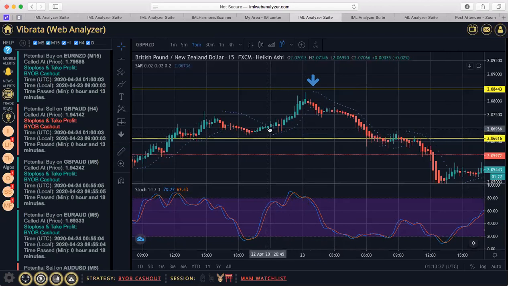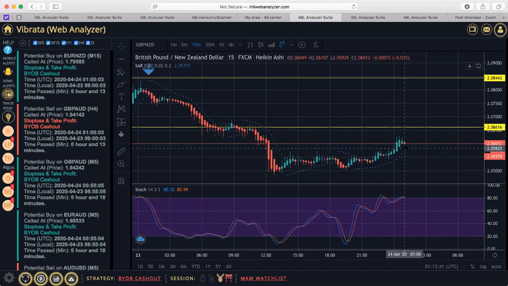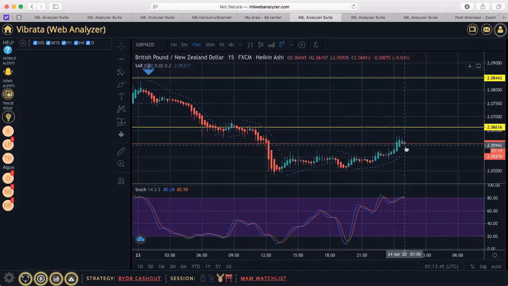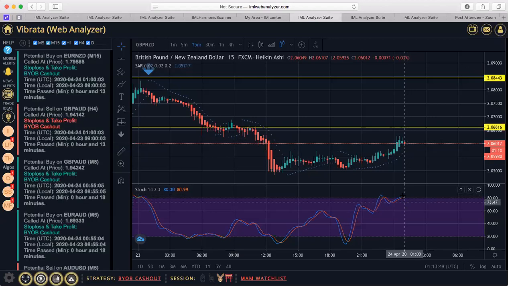I'm not looking at the candles to tell me what the trade is doing. I'm looking at the stochastic first. Here I have a crossover and cross down beginning to happen, so I would not be looking at my candles first.